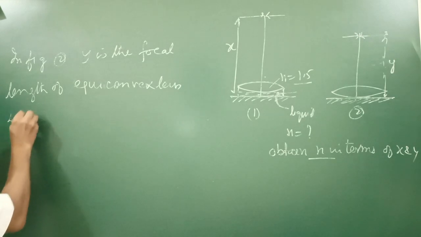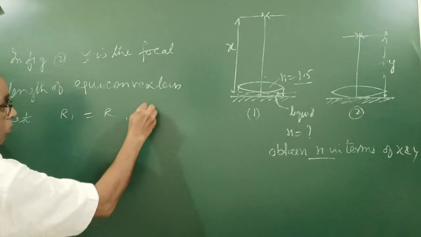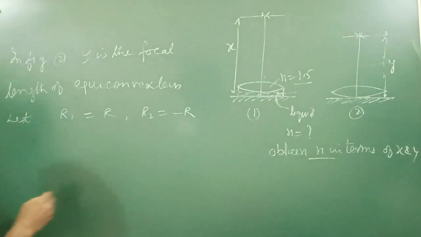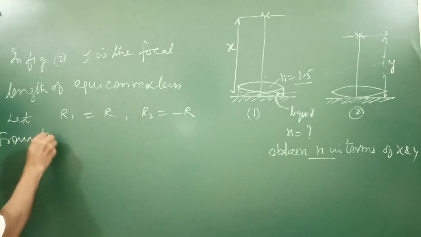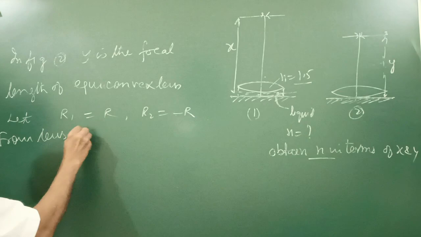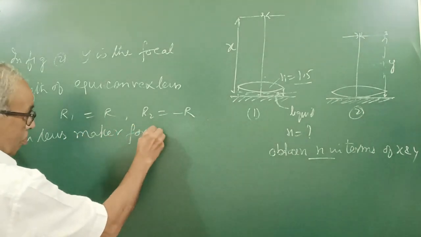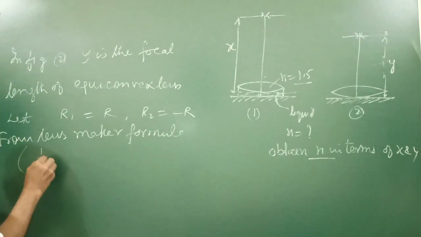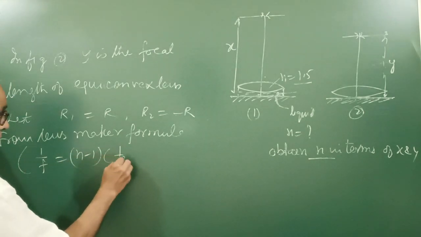Let R1 is equal to R and R2 is equal to minus R, because it is equiconvex, from the lens maker formula. That is 1 upon f equal to n minus 1 into 1 upon R1 minus 1 upon R2.